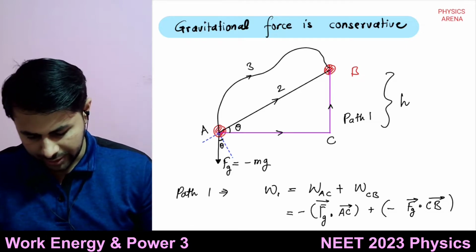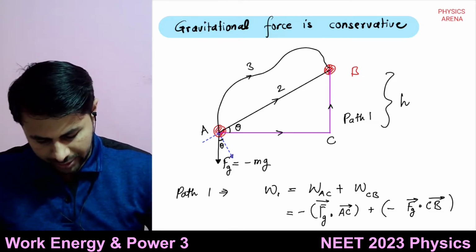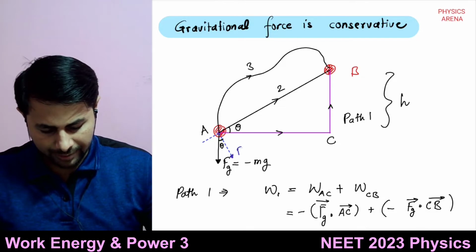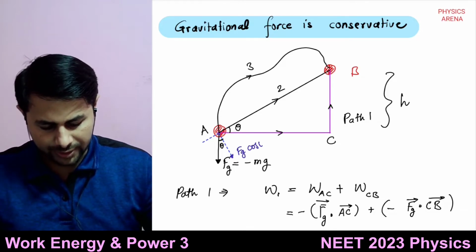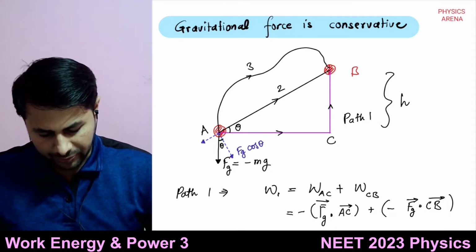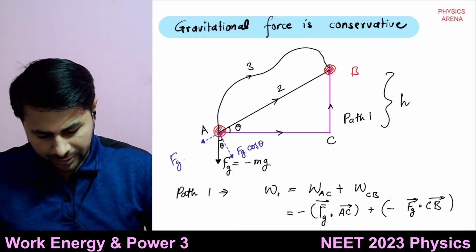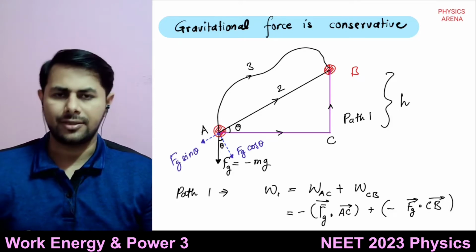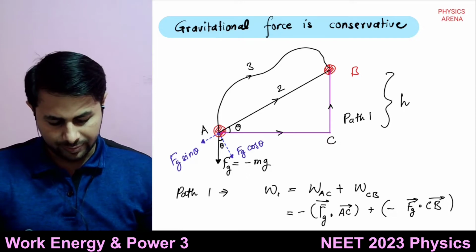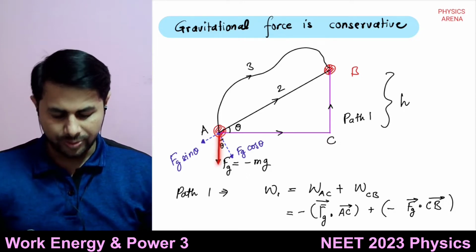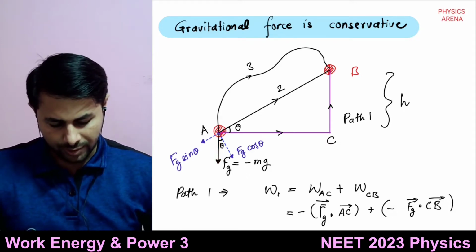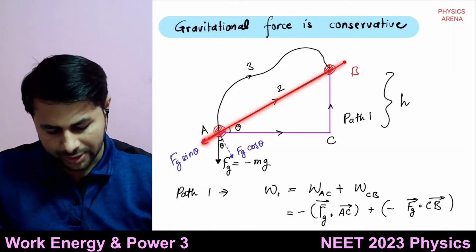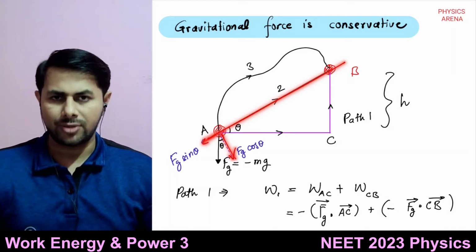So this component here will be Fg cos theta, and this component will be what? Fg sin theta. Just like the previous case, we have resolved the gravitational force along two components. This is the component along this path, this is the component perpendicular to the path.